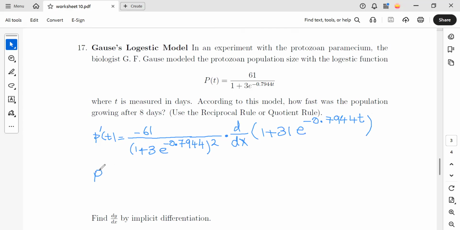So altogether, P prime of t will be, so finding the derivative, this part, you would keep 31 as the coefficient. You would multiply it as a copy of the function that you have and also multiply by the derivative of the power, which is negative 0.7944t.